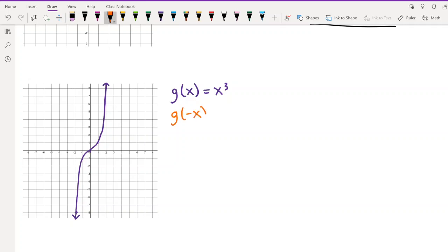So g of negative x is supposed to be a reflection, again, about the y-axis. So we just want to take this graph and reflect it about the y-axis. So what will that give us?